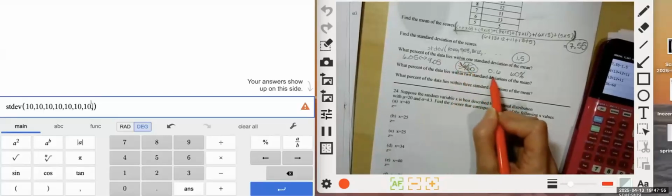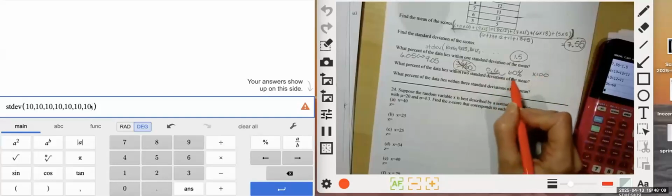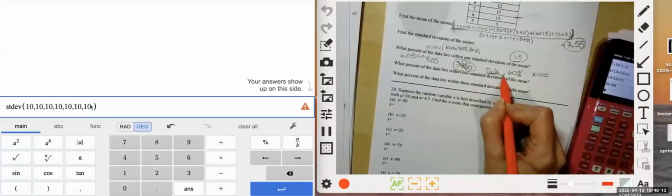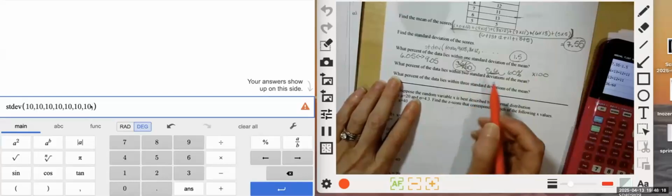When you're converting this to a percent, you're moving the decimal point 2 times because you're multiplying it by 100. So 0.6 becomes 60%.